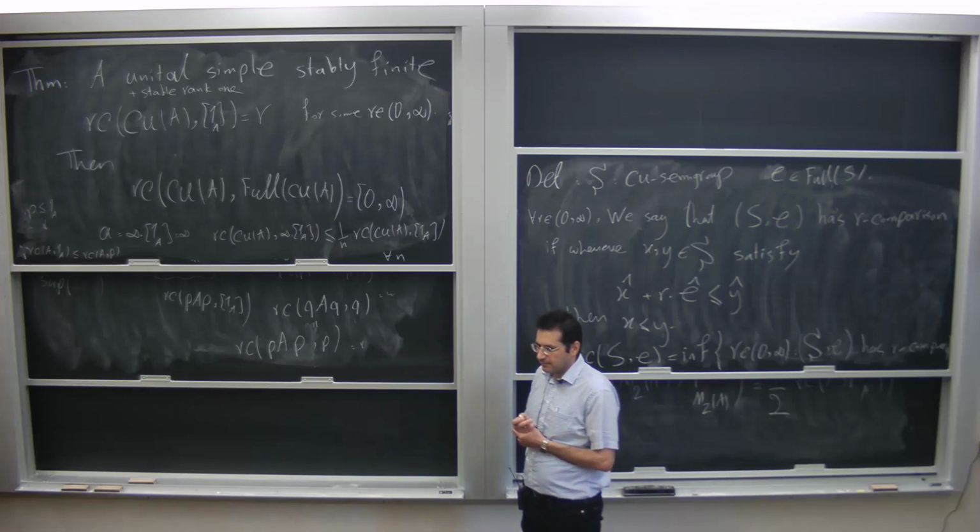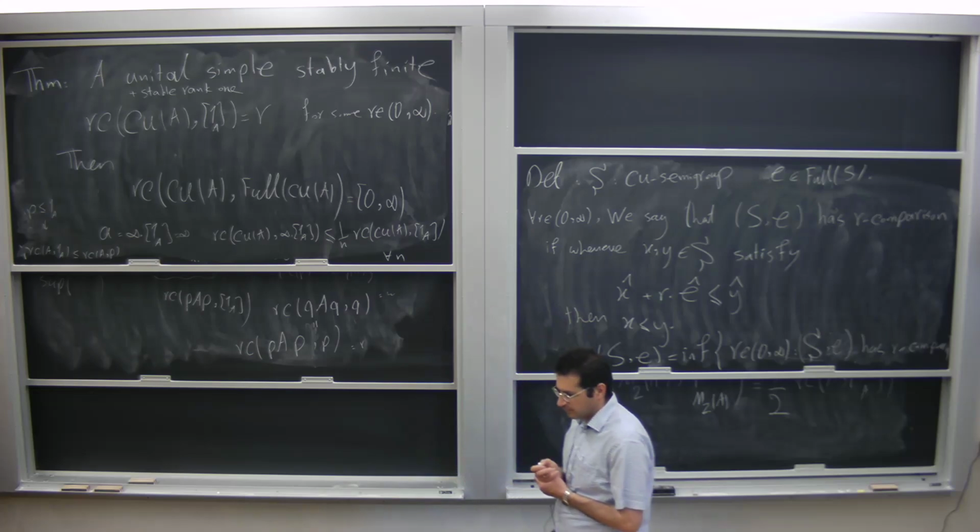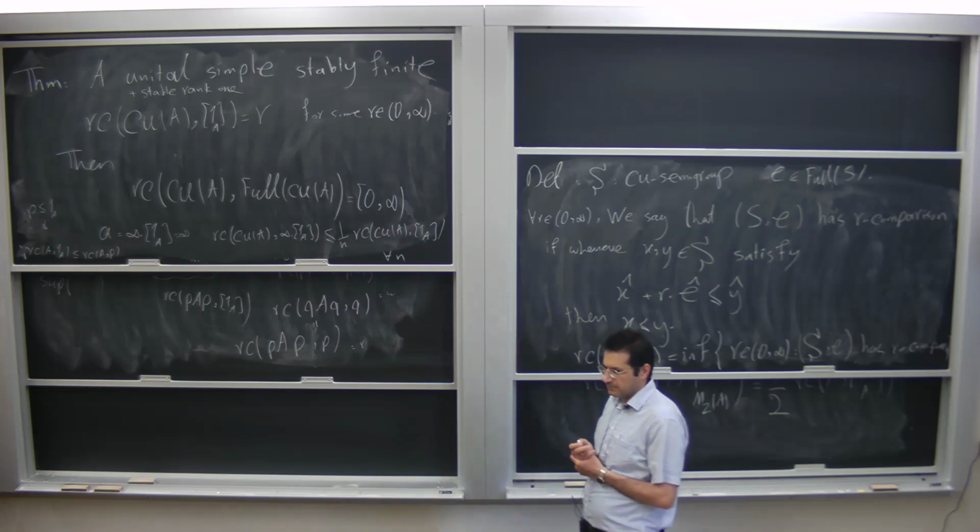You look at different full elements with respect to which there are distinct values of the relative radius of comparison. But then when you cut down to those elements, you get non-unital algebras, and you calculate the radius of comparison not with respect to the unit of the algebra, but with respect to the full element that corresponds to the class of the algebra. It's not infinity, but a strictly positive element for the algebra itself.